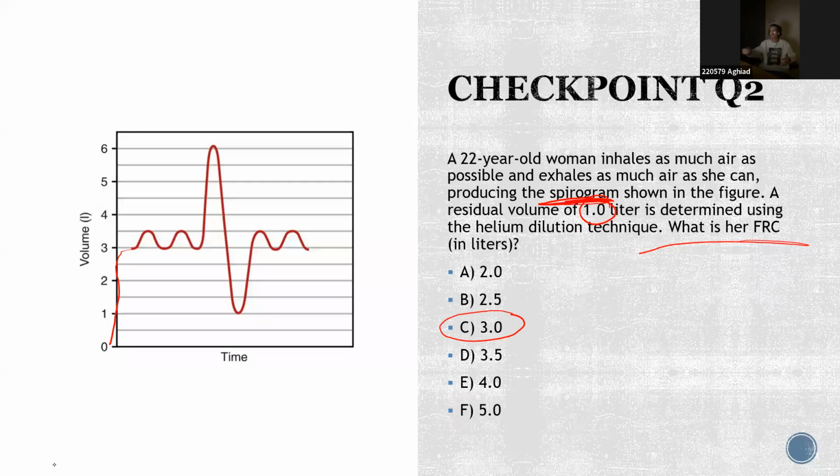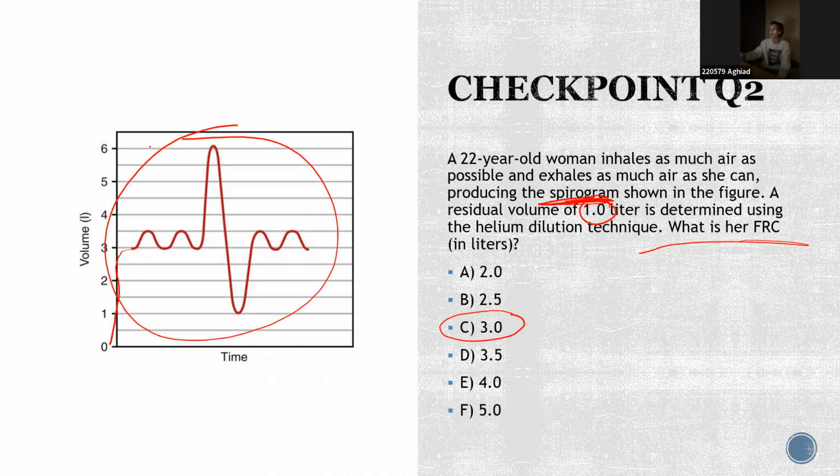Perfect. Again, can a spirometer measure the residual volume? Okay, good. And so what is reflected here, is it inclusive of residual volume, whatever this spirogram reflects? Exactly, it's not inclusive.